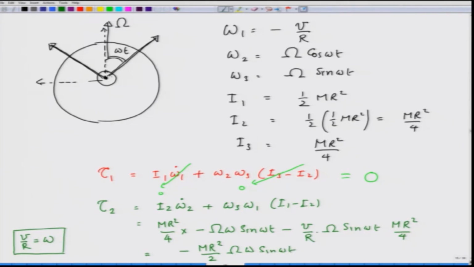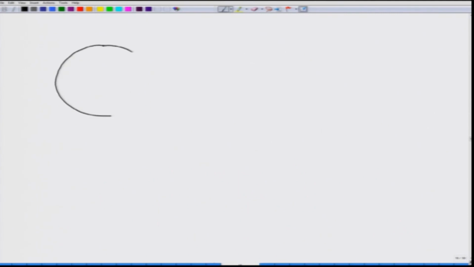So, the torque in this direction, I will make it again in the next screen, the torque in direction 2 is in the opposite direction to 2, and it is equal to m r square by 2 capital omega omega sine of omega t. How about tau 3? So, let me make this picture again.